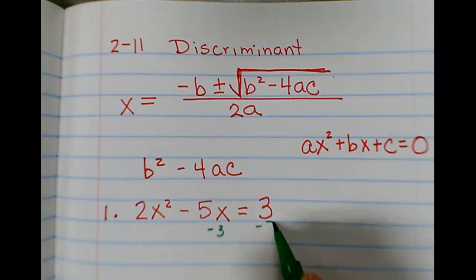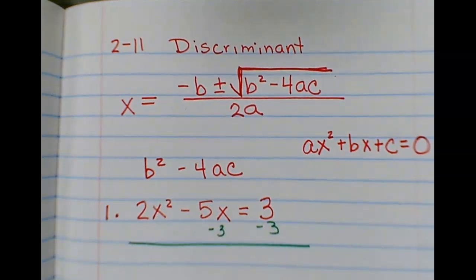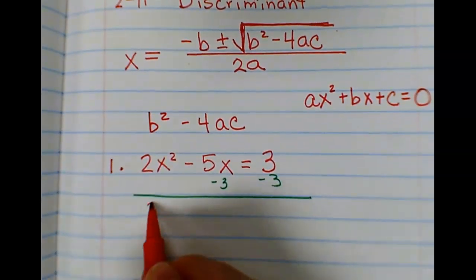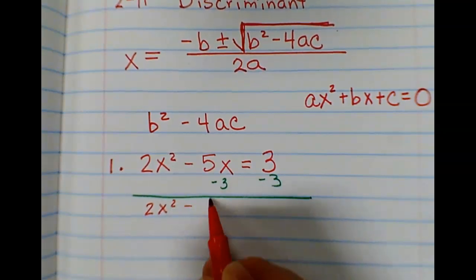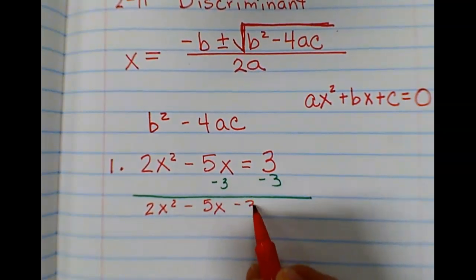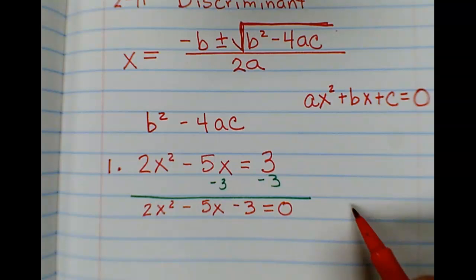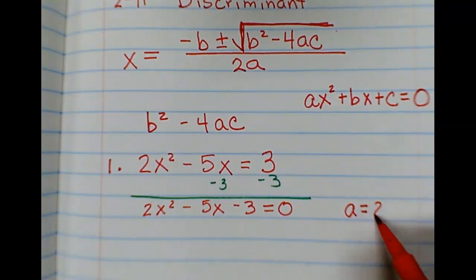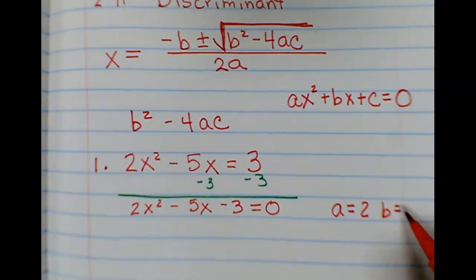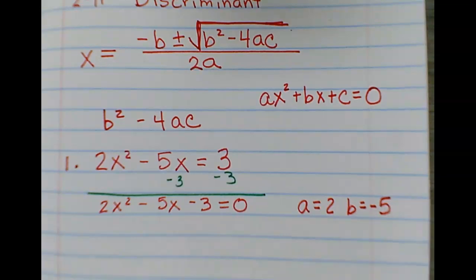So then I need to subtract 3 from both sides. And then what is my A going to be equal to? And what is my B going to be equal to? -5. Signs are important.